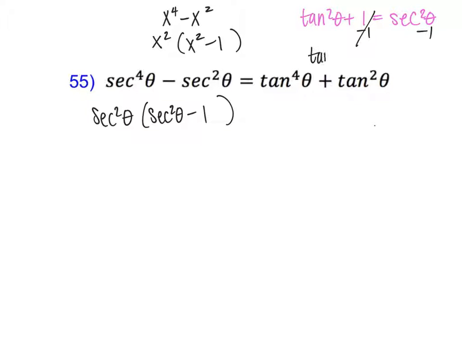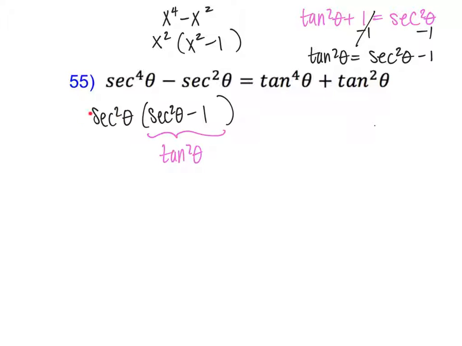So tangent squared comes down, and you have secant squared minus 1. That means I can replace anything that looks like a secant squared minus 1 with tangent squared. So I'm going to change this guy to tangent squared.